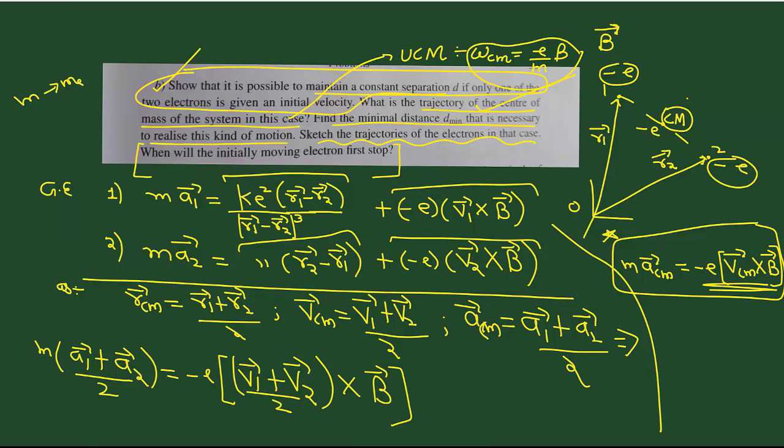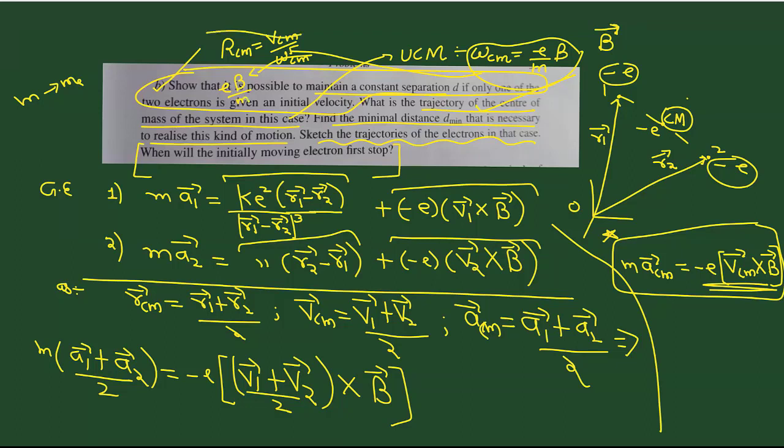This is again interesting. RCM will be equal to VCM by omega CM, and omega CM comes out to be EB by m.